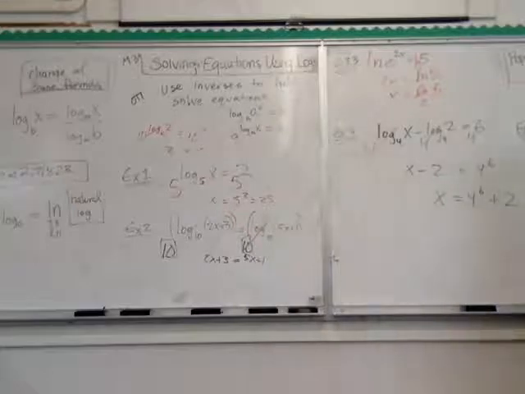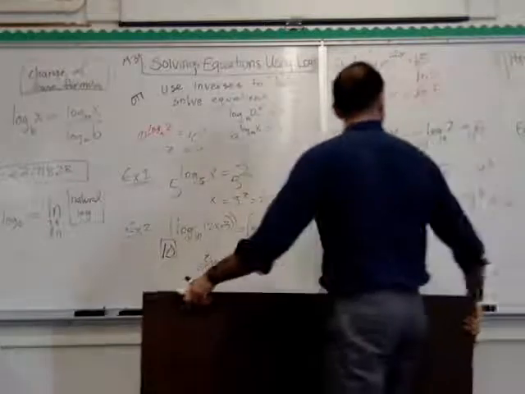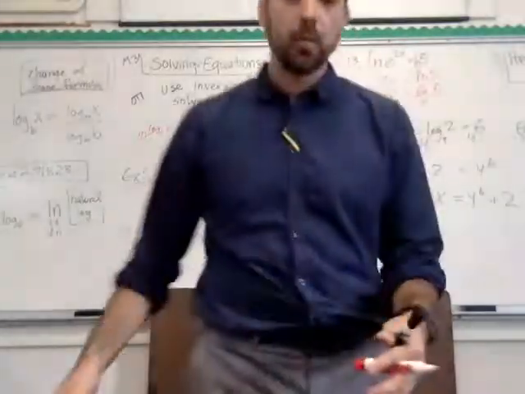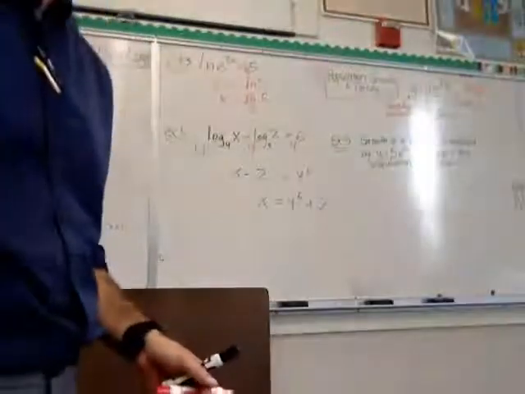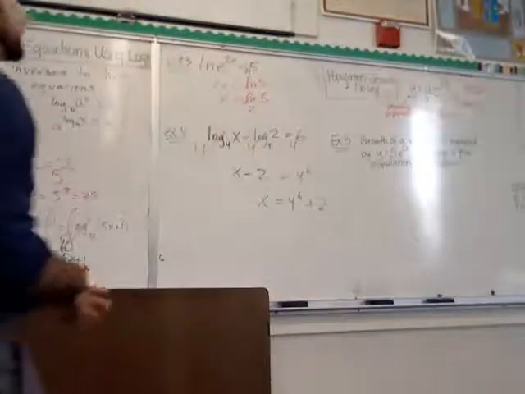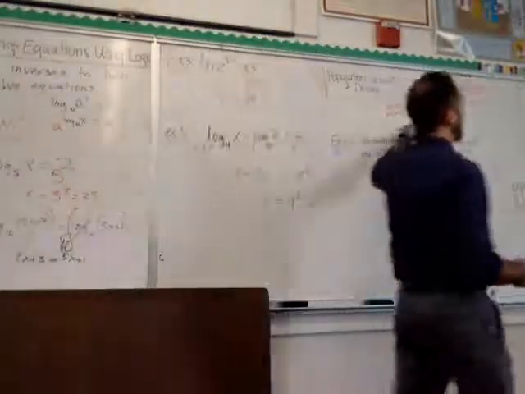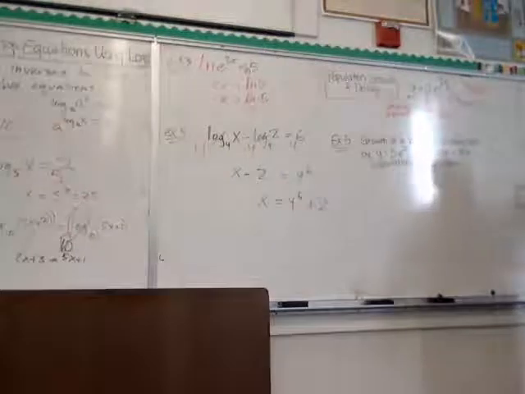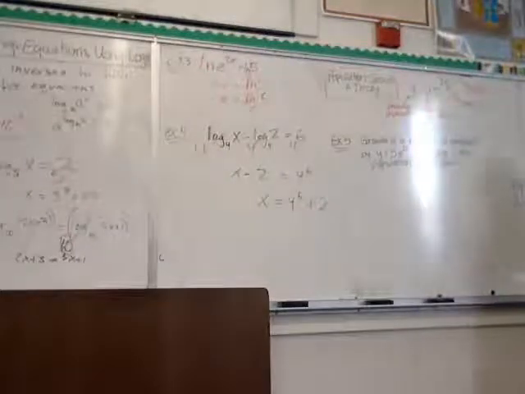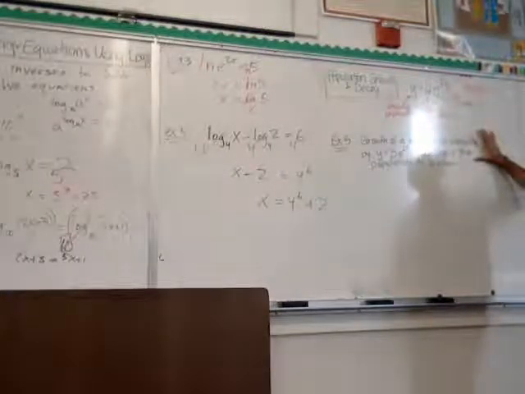Okay. Let's look at something a little bit trickier. Let's see if we can do example 5. With these, the letter e is very important in compound interest. It's important in population growth, and this is the main formula you use. You have two or 3 problems in the realm of word problems with population growth.